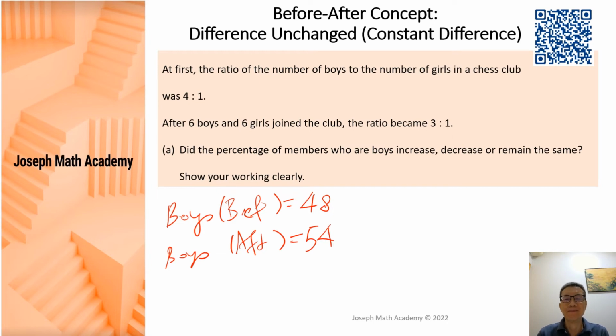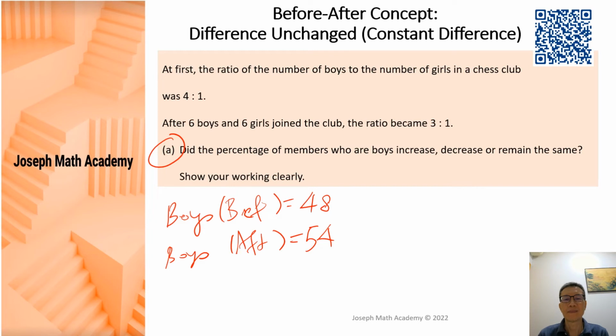Now, I think we should be able to do part A. Part A is asking us whether the percentage of the members who are boys increases, decreases, or remains the same. For this question, we can actually do it using their initial ratio.